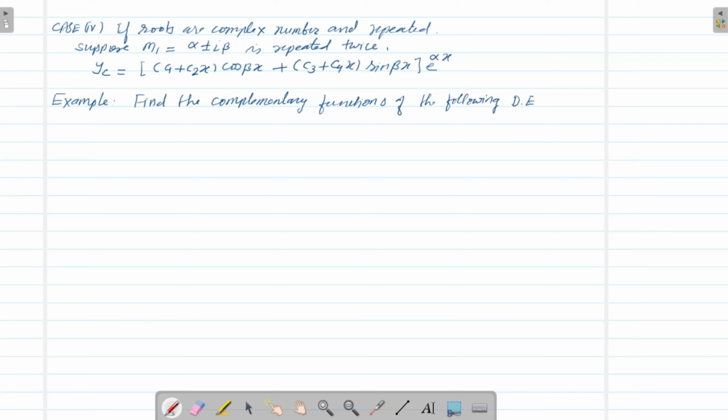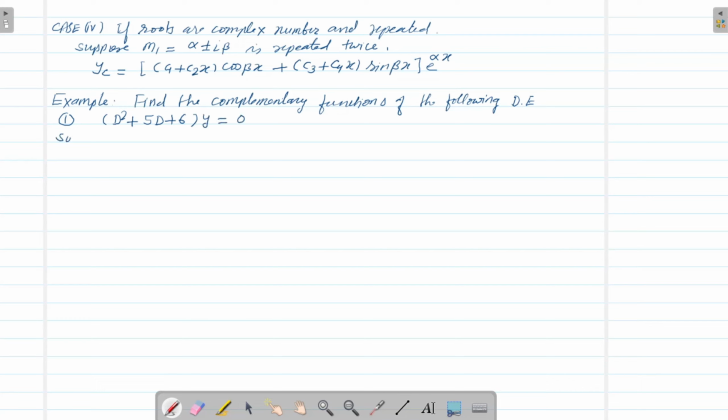First one: what is the first one? That is (D square plus 5D plus 6) y, and this is equal to 0.